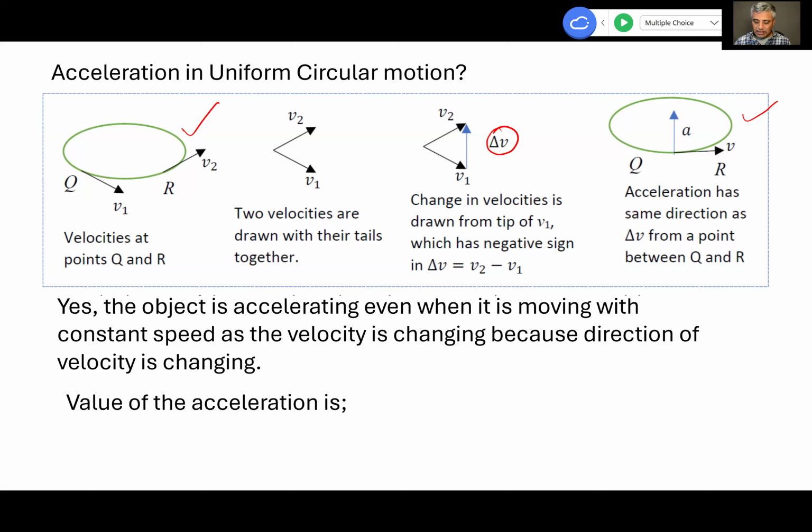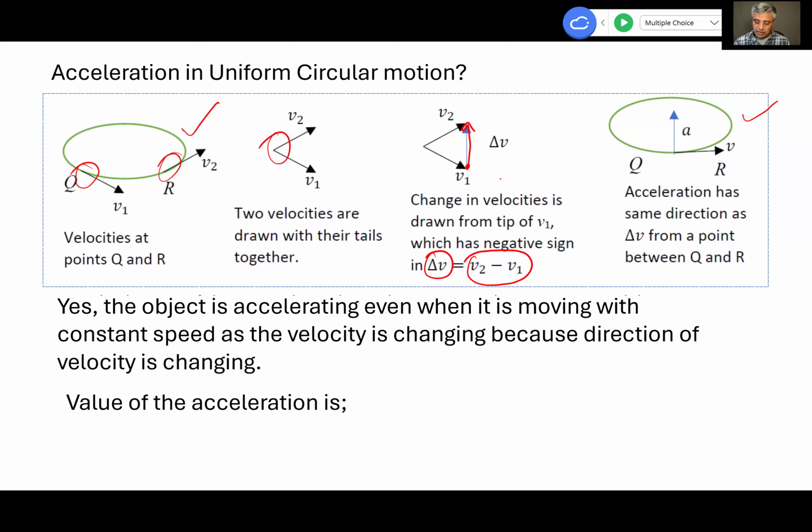In this kind of situation, we can go back to the method we learned, for example, how to draw the change in velocity vector, using those 2 or 3 steps. So you bring them and draw the tails together, and then from the tip of the initial to the tip of the final, right?